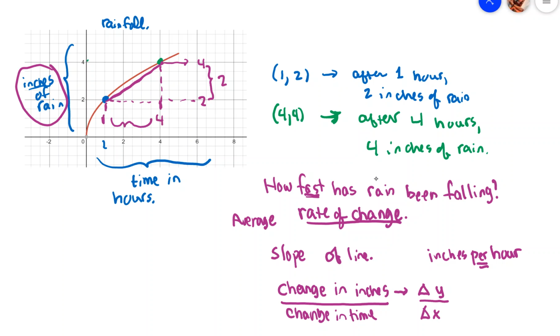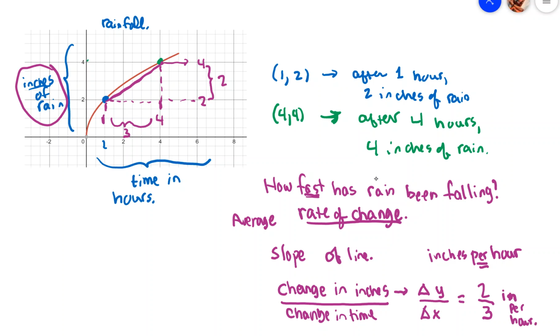And so the way I find my change in x is I just subtract. 4 minus 1 is 3. And that's going to give me the answer that my inches per hour are going to be 2, because those are my inches, because my inches are my y-axis, divided by 3. And then I'll write inches, sorry about my writing, per hour.